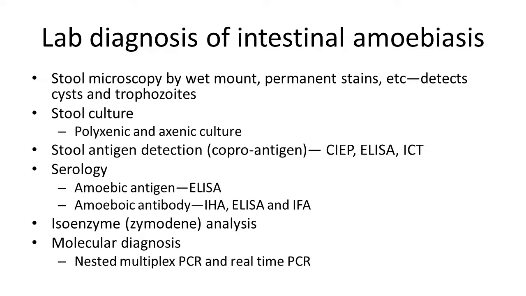That time we have to confirm by using isoenzyme analysis. Likewise, the cyst stage also has similar morphology in Entamoeba histolytica and Entamoeba dispar. So we have to confirm which it is, because Entamoeba dispar is a commensal, but Entamoeba histolytica is the pathogenic parasite. So we have to differentiate, right?